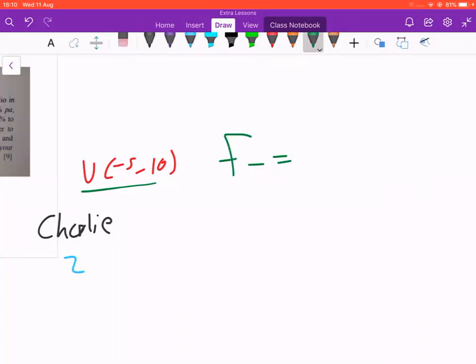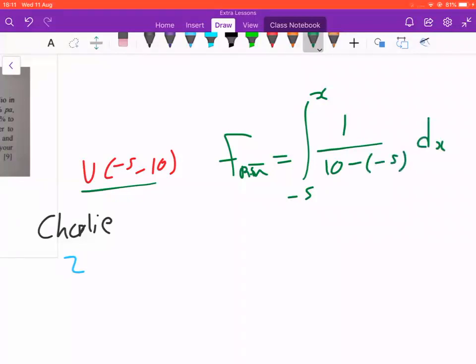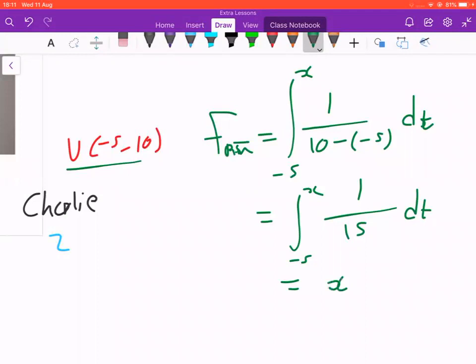We can say capital F of the risky asset is 1 over 10 minus -5, the integral from -5 to x of dt. That is going to be x plus 5 over 15. This should be your answer.